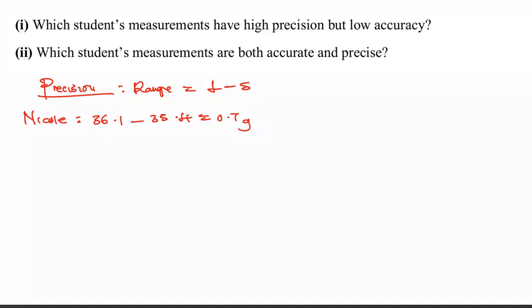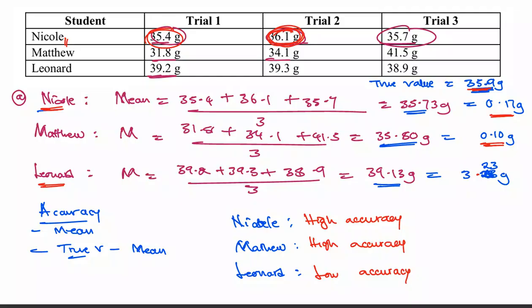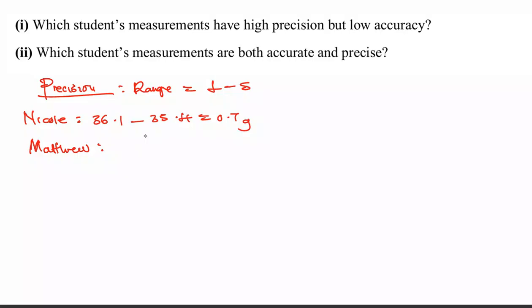Then you go to Matthews. With Matthews, we subtract. The largest value is 41.5, the smallest is 31.8. So 41.5 minus 31.8, you're going to get the value of 9.7 grams.